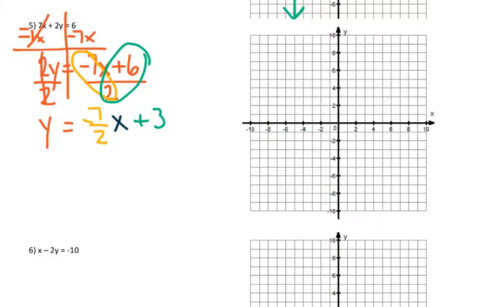So now I can use my y-intercept of 3, plot that on the y-axis, and my slope is rise -7, so that means I go down 7, and run 2, so that means I go right 2.